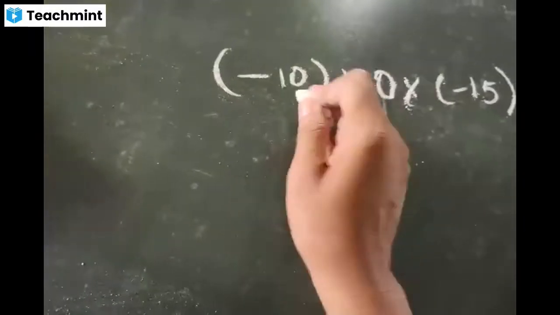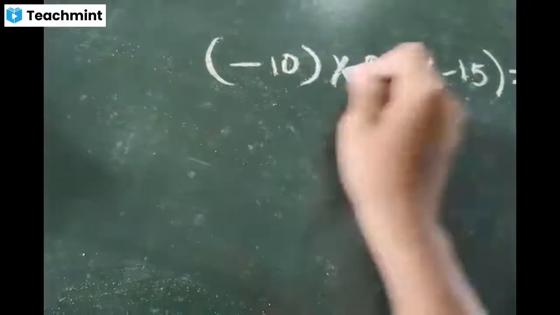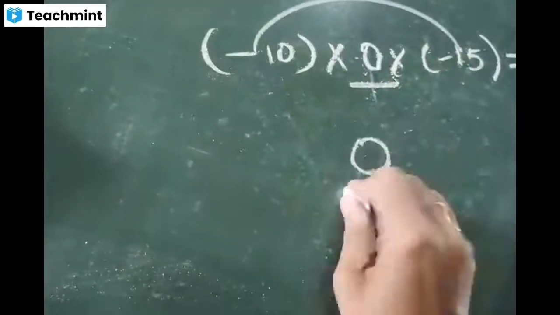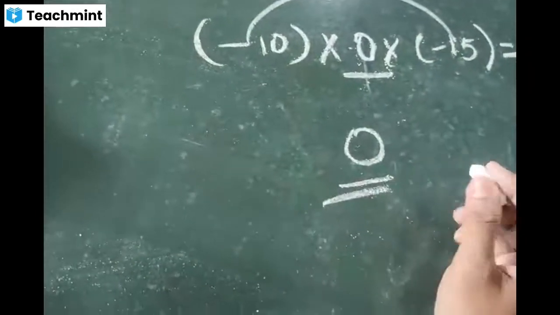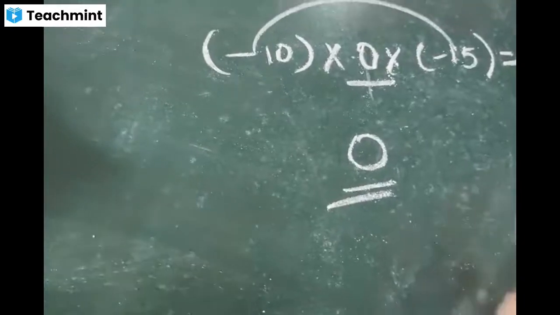Nobody. Okay, minus 10 into 0 into minus 15. If you multiply 0 with any number, the answer becomes 0 only. Remember that one, okay?